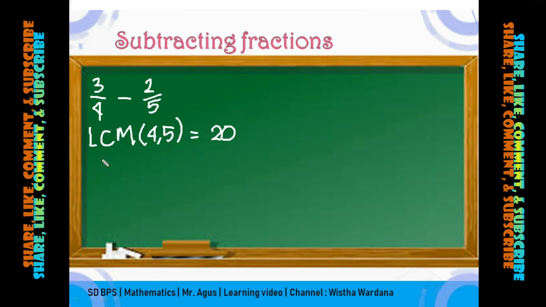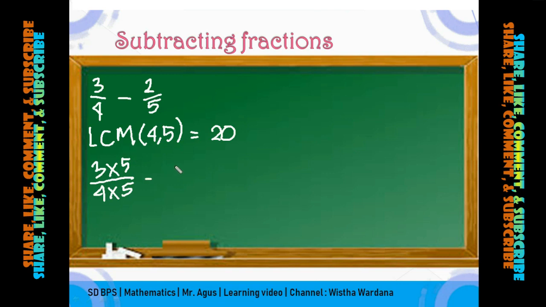So, your focus is try to change the fraction to be 20 as denominator. 3 per 4, multiply 4 by 5 to get 20, and you have to do same things with their numerator, and you have to multiply by 5 also.